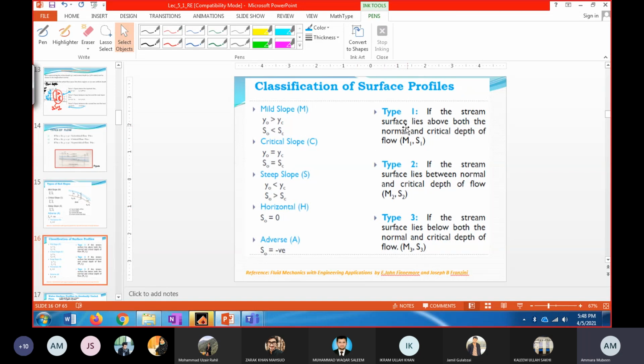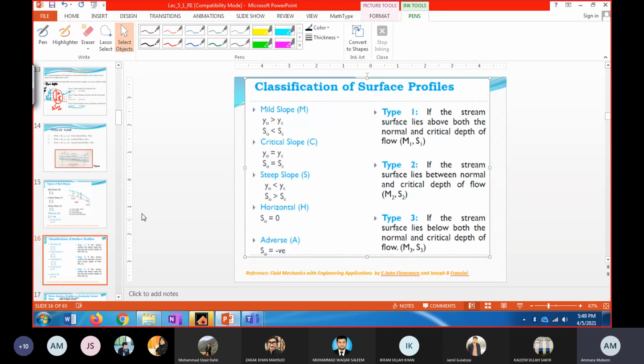When depth of flow is in zone 1 and this criteria is fulfilled, y naught is less than yc and S naught is greater than Sc, then it is S1. And when depth of flow is in zone 2 and this criteria is fulfilled, then the classification is S2. And when depth of flow is in zone 3 with steep bed slope, it would be called S3.